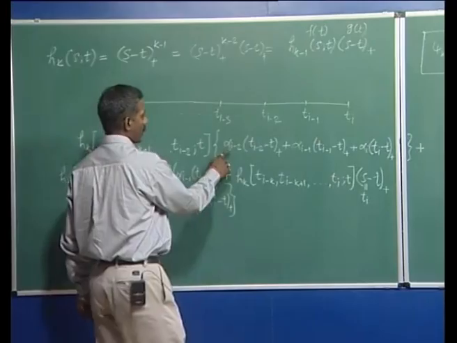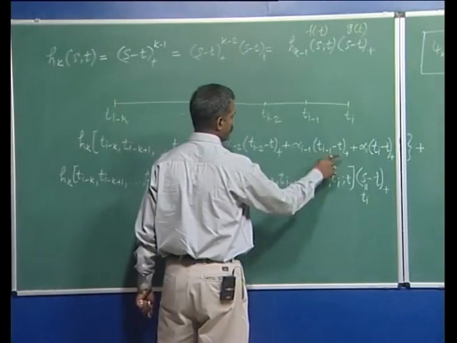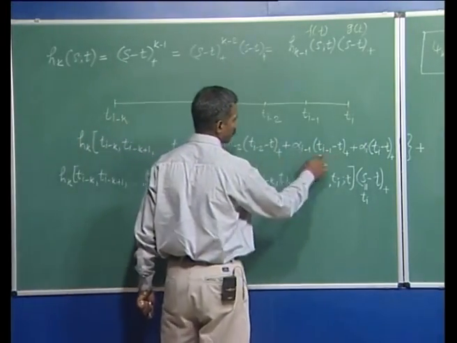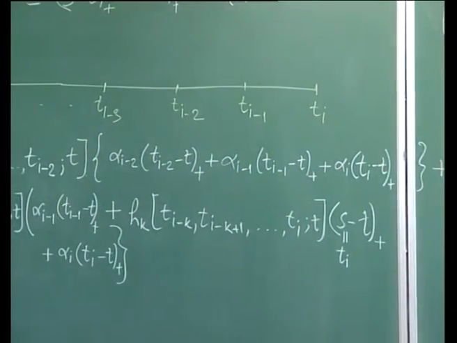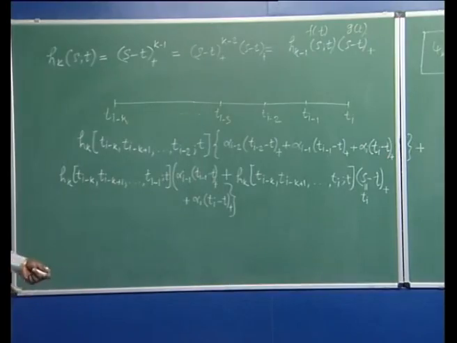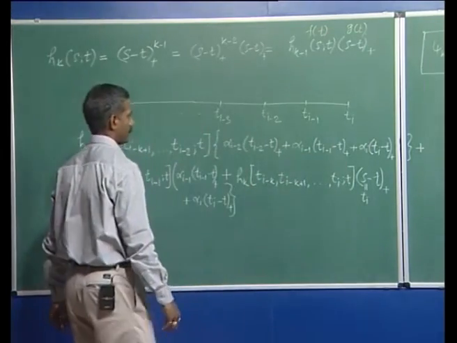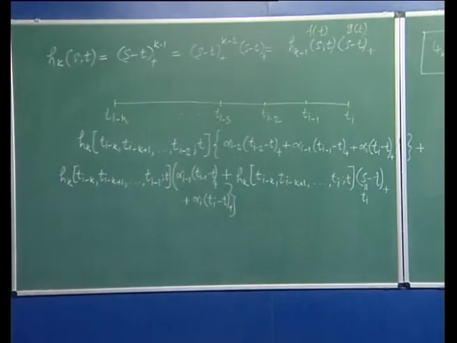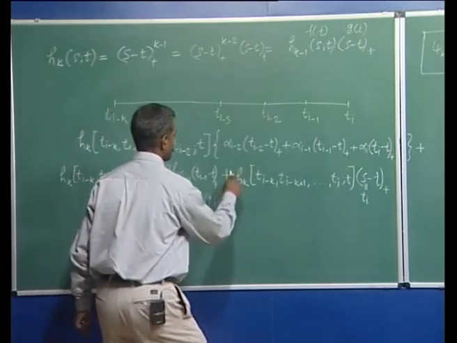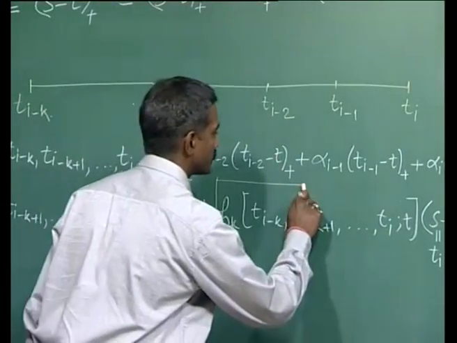You would know what alpha_i-2, alpha_i-1, alpha_i would be. They would relate to w prime. I'm not really bothered about what these constants are at this time. Let's concentrate on the last term here.